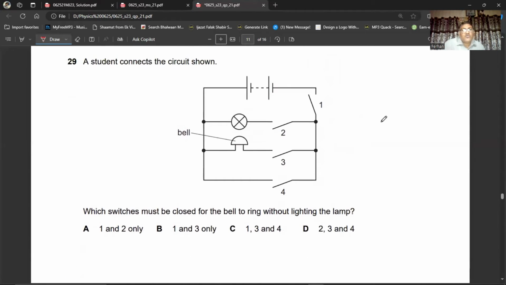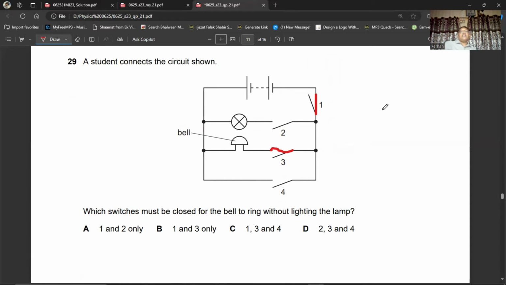Question number 29. He says the student connects the circuit shown. Which switches must be closed for the bell to ring without lighting the lamp? Okay, so close this switch, close this one, and close the third one.